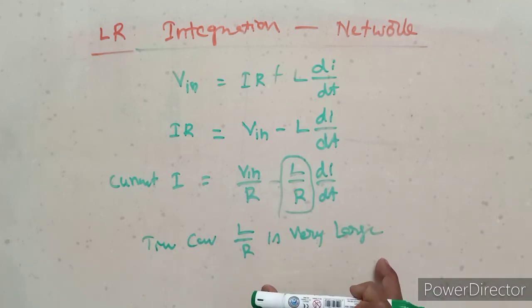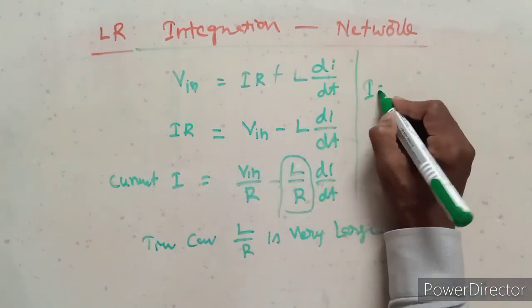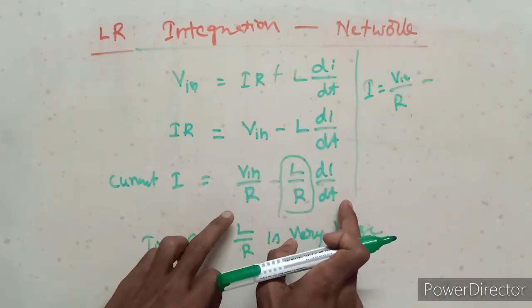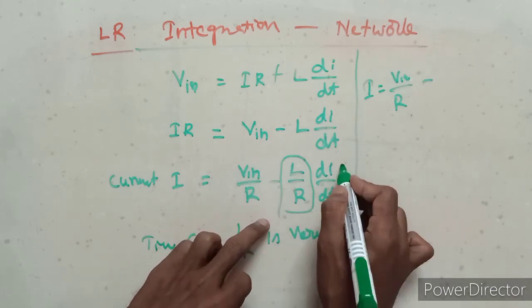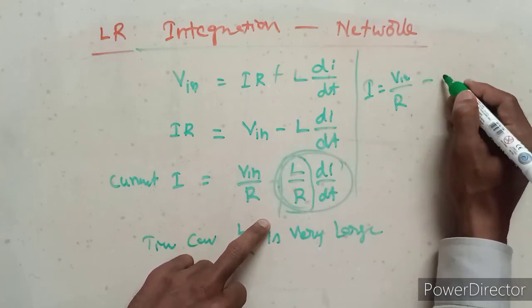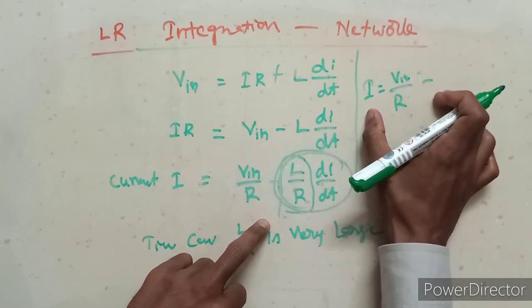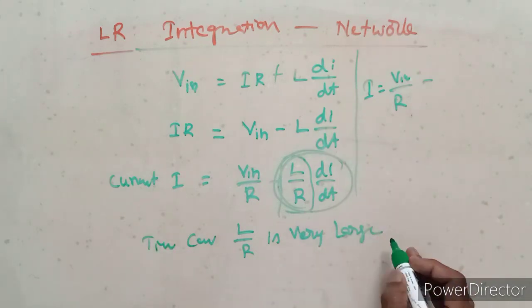So in current I equals input voltage upon R minus L upon R di upon dt, this term is very large.